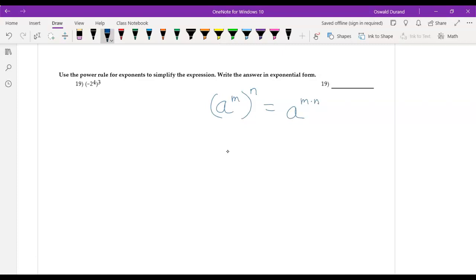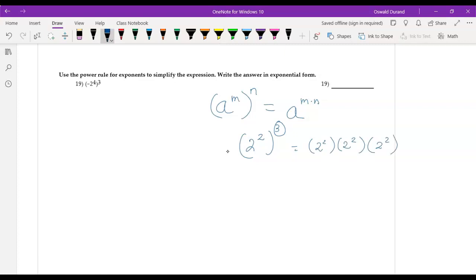Okay? So if you break it down, if you have 2 to the power of 2 raised to the power of 3, for example, well, that exponent tells 2 to the power of 2 to be multiplied 3 times. So it will be 2 to the power of 2 times 2 to the power of 2 times 2 to the power of 2.